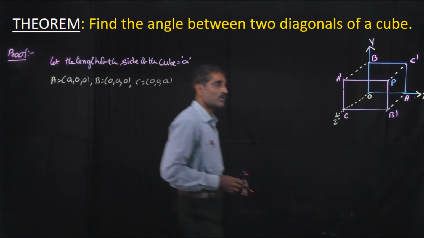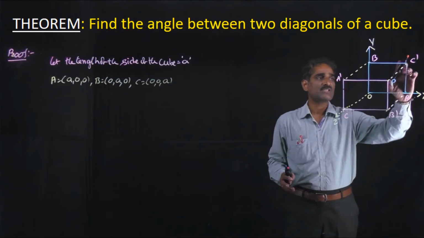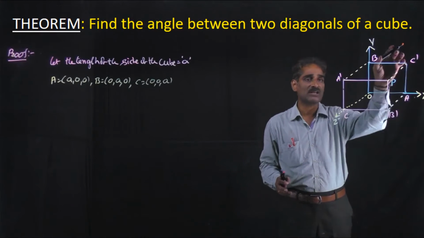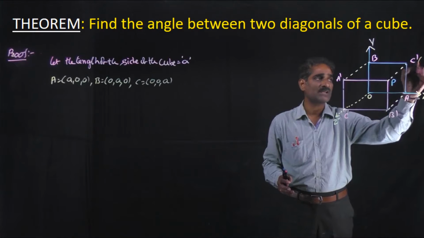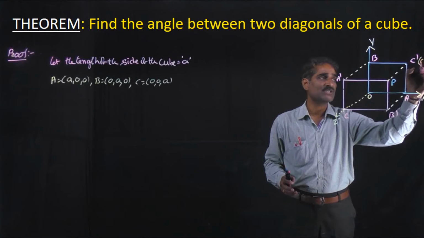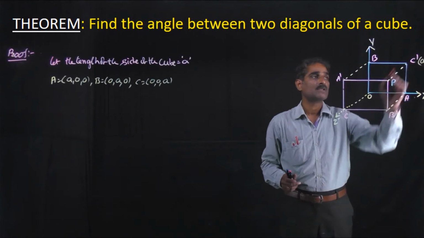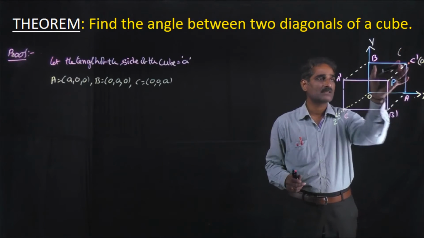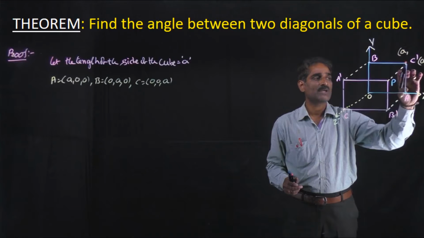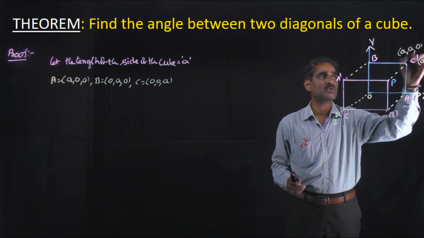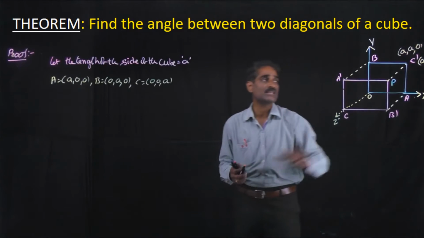Now come to the points C dash, A dash, B dash. C dash is a point in the XY plane and these two lengths are a and a. Therefore, the x coordinate of this point is a and the y coordinate is also a. There is no z coordinate in the XY plane, so it is 0. These are the coordinates of the point C dash.